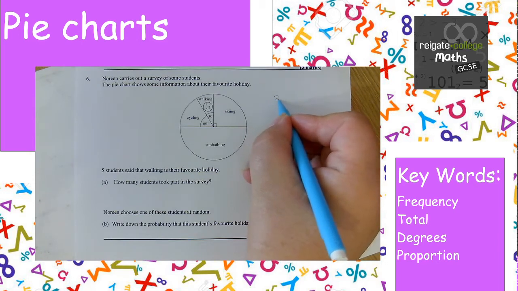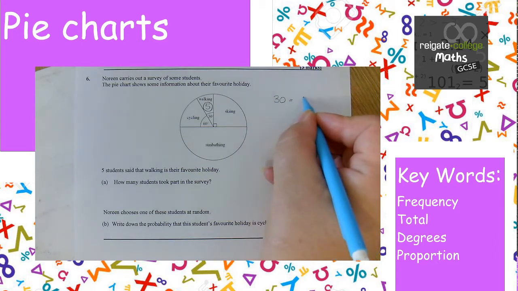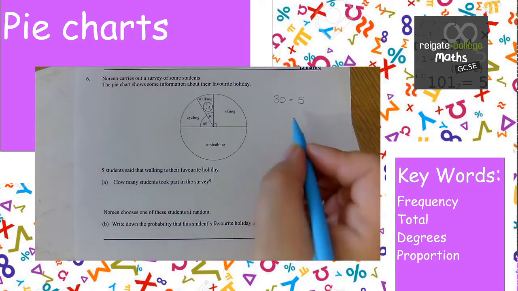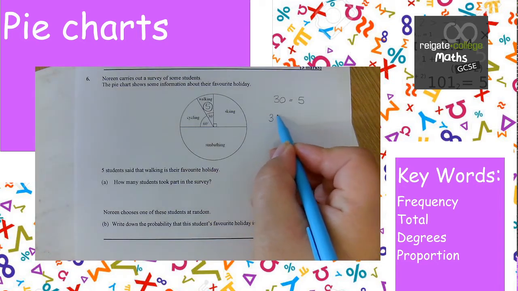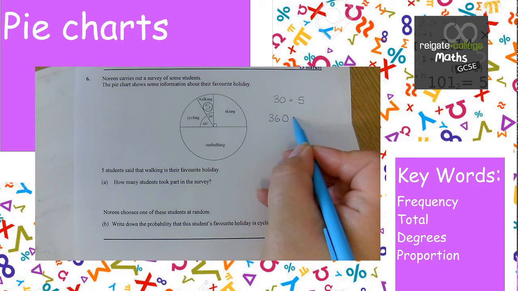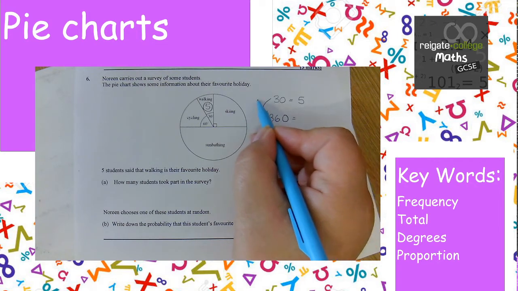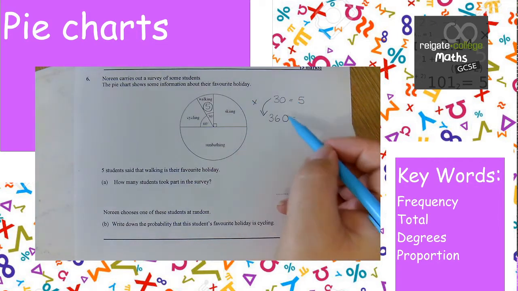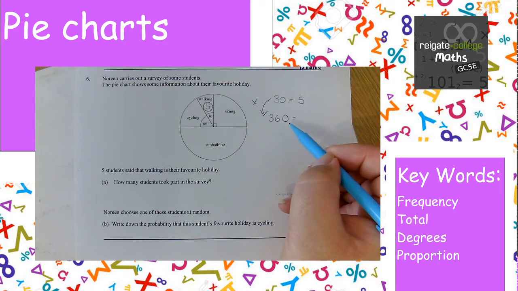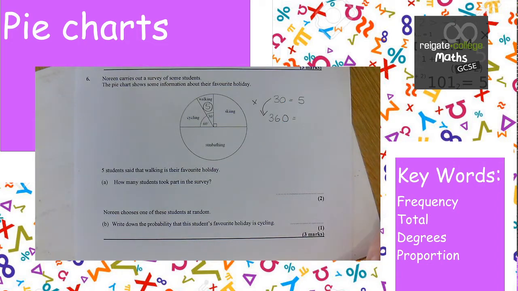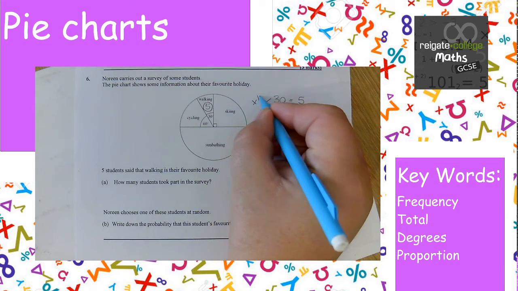So if 30 degrees is equal to 5 students, this is a bit like a ratio question. We've got to scale up our 30 until we reach 360. And we now know that for ratio purposes, if we're looking at our multiplier, the question we really want to ask ourselves is a division one. 360 divided by 30. There are actually 12 30s in 360.